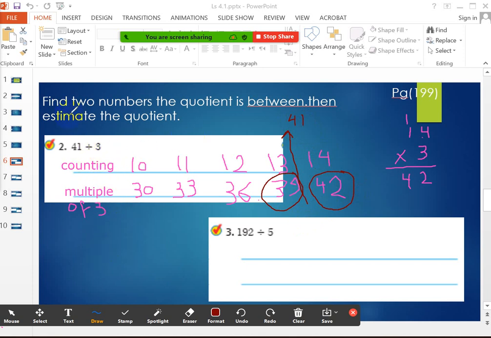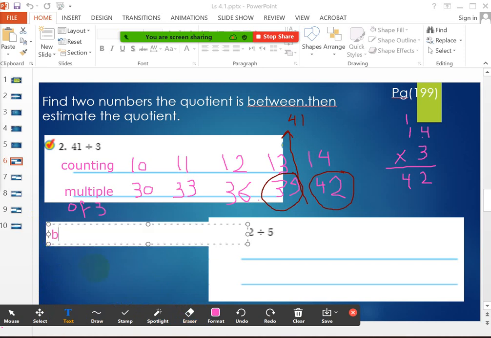he told me, find two numbers that the quotient is between. That means I will set that the quotient is between. You have to write this, between. Okay, I will write it for you again. Between 13 and 14, right?